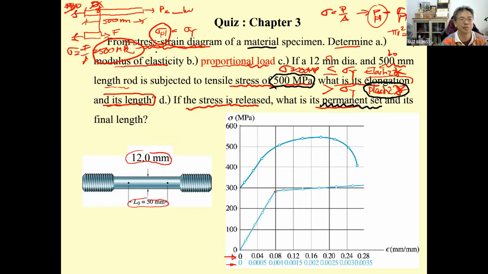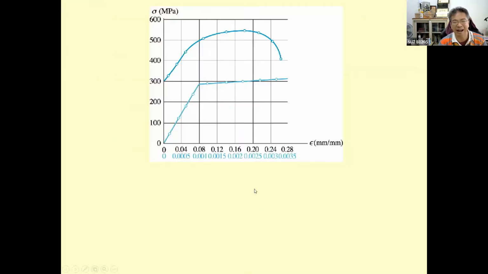That is going to be the E, and it's going to be sigma sub PL. It's going to be really easy for this one, and then based upon that, you can see from the first portion of this phi scale, you read the second one to determine the E.